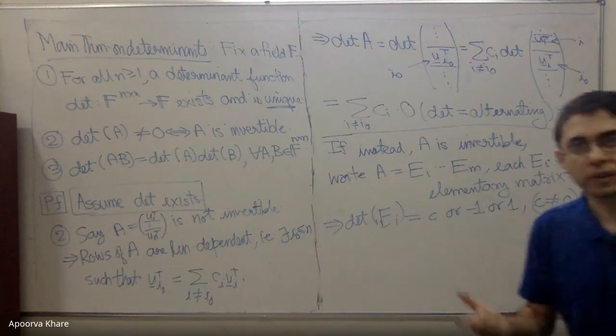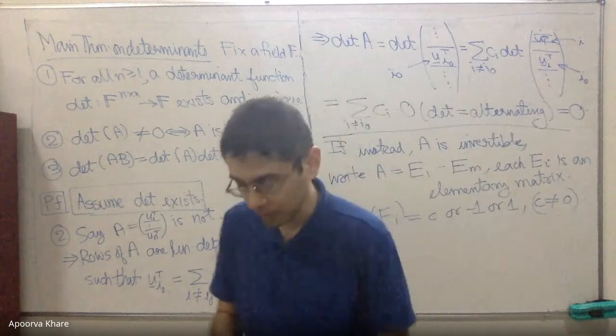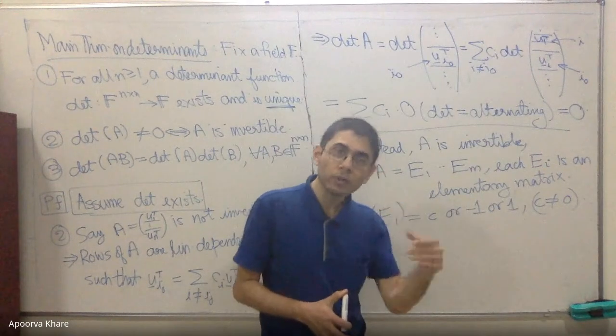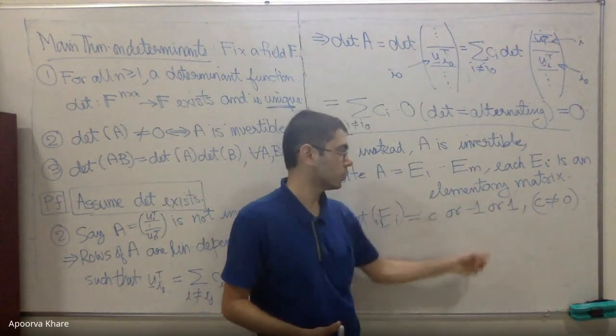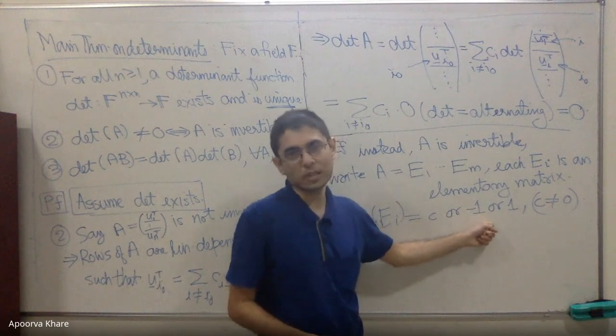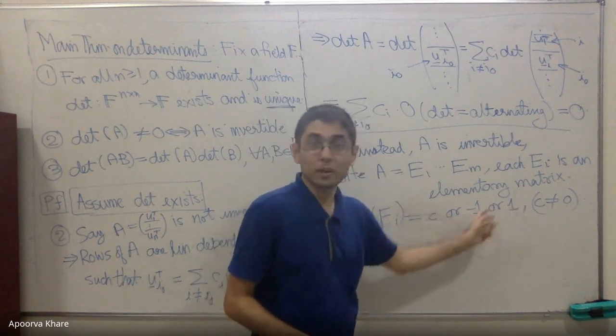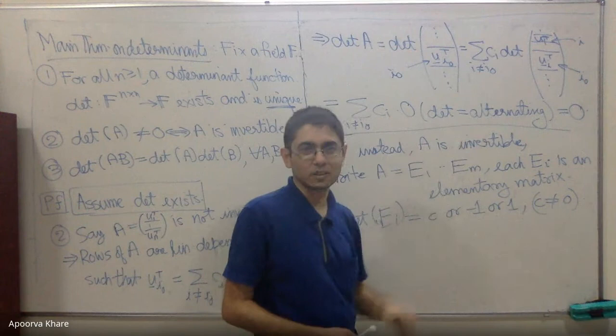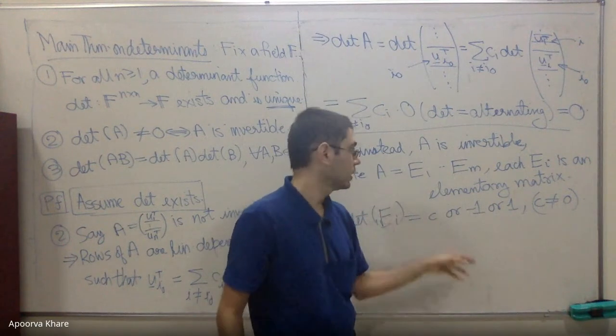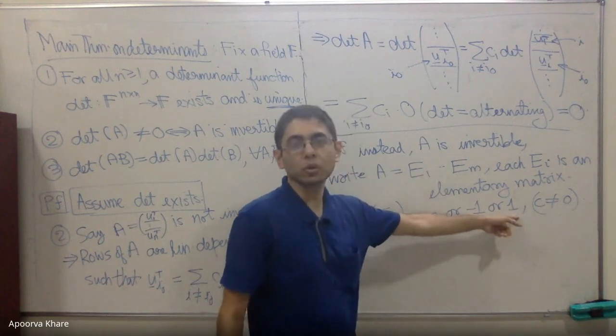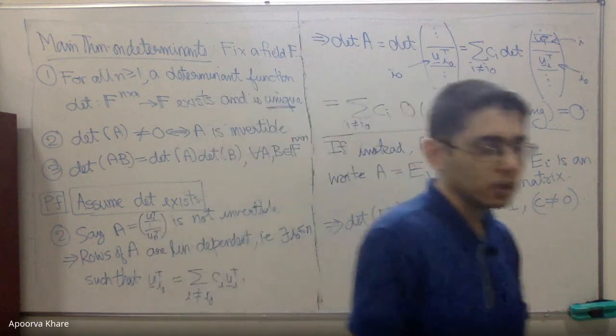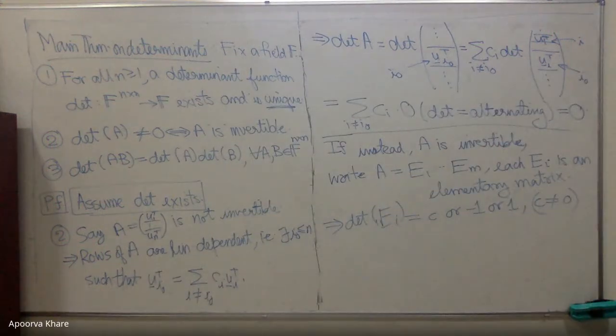For the first kind of row operation, you rescale the row by a non-zero constant c, so c is non-zero. Or you flip two rows, and the determinant is -1, which was the determinant of those matrices. Or you don't change the determinant, so the determinant of the elementary matrix is 1.